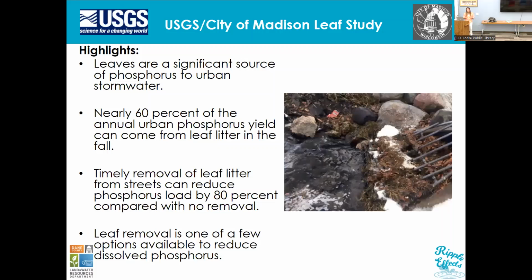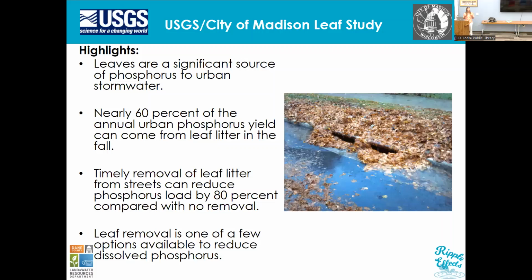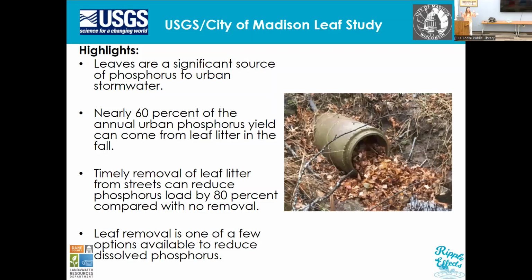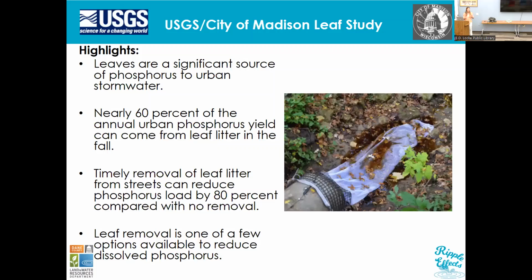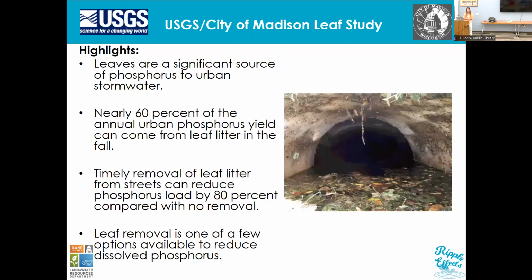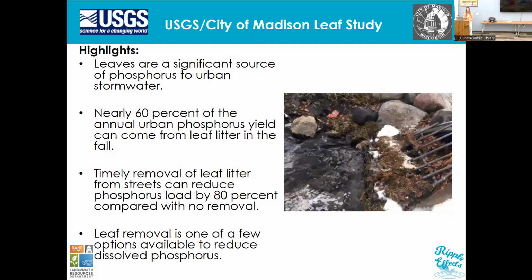And we can now say that if we can get those leaves out of the street in a timely fashion, if there was no rain, we wouldn't care about those leaves at all. But just getting those leaves out of the street before big rain events can really help. Using the data that you just saw, it can reduce the phosphorus load by almost 80%.